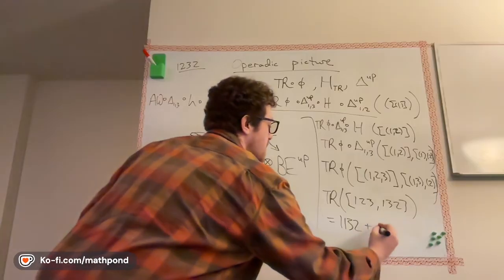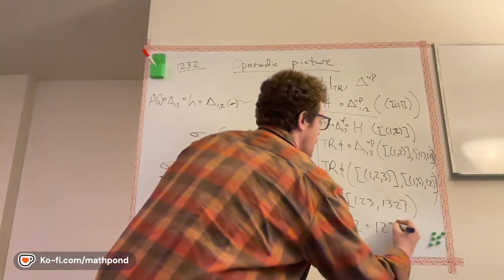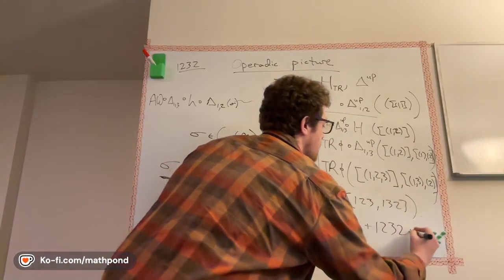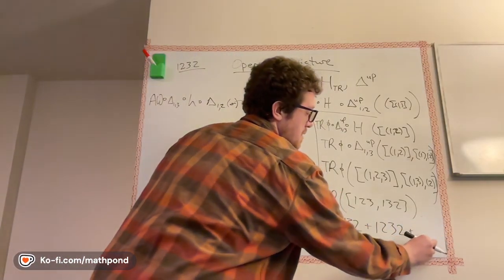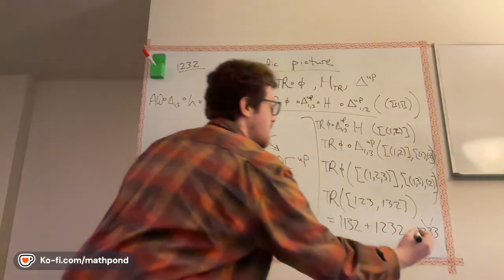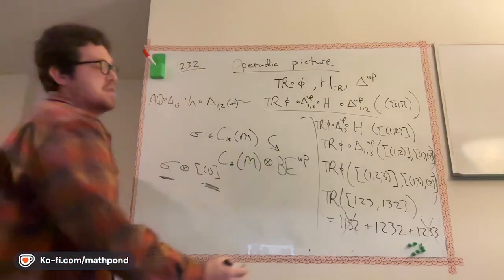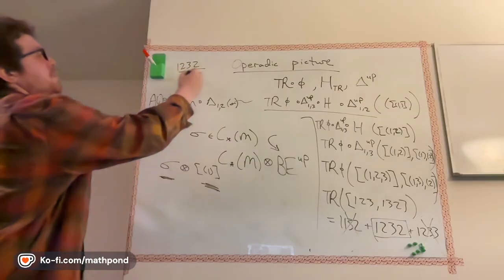That's degenerate though, and then 1, 2, 3, 2. And also 1, 2, 3, 3, but that's also degenerate. So that one's degenerate, that one's degenerate, so we just get the 1, 2, 3, 2, which is what we were looking for.